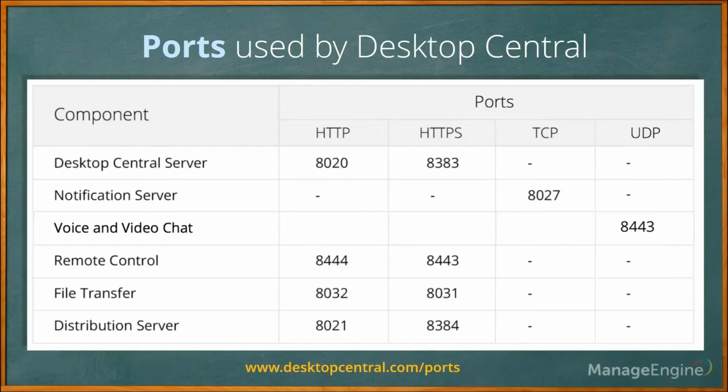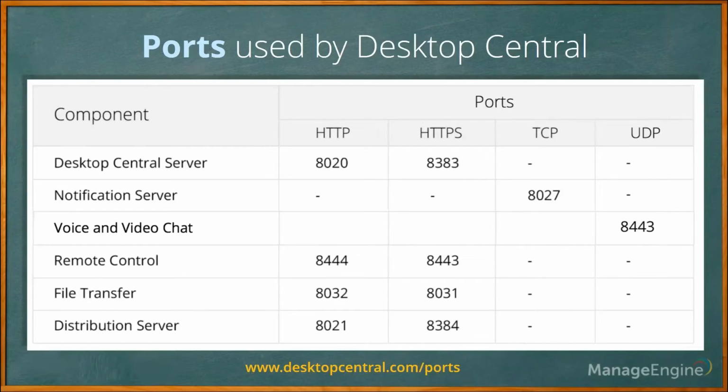Agent server communication always happens on port 8020, as you can see here. And all the on-demand tasks, as we discussed earlier, take place from the notification server, which runs on port 8027.